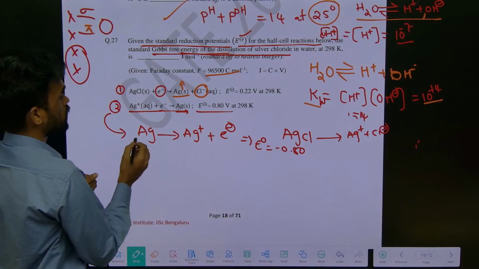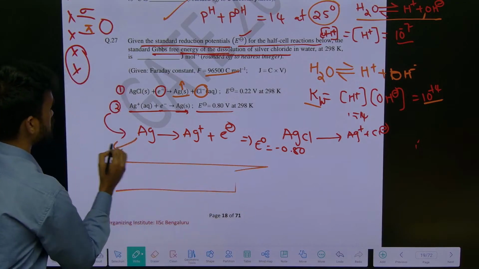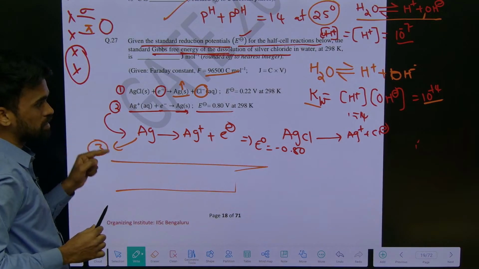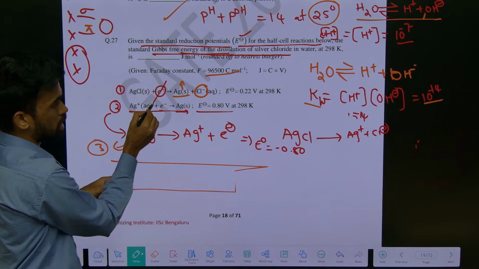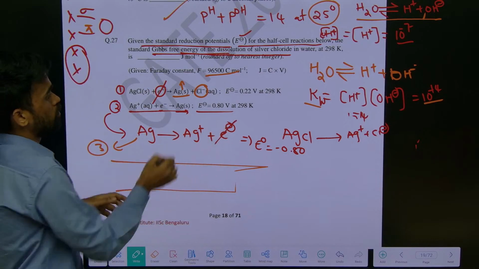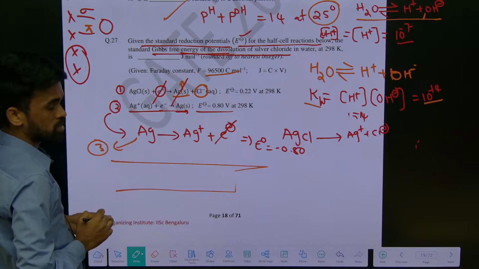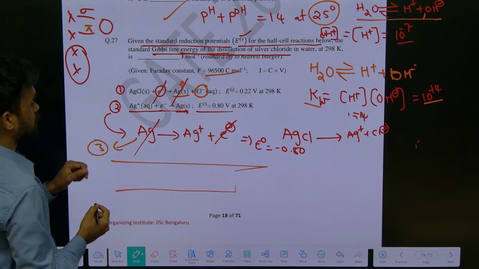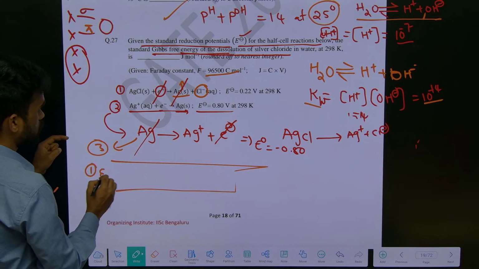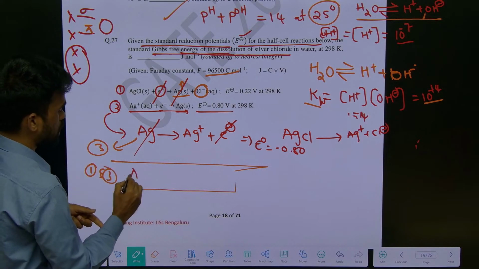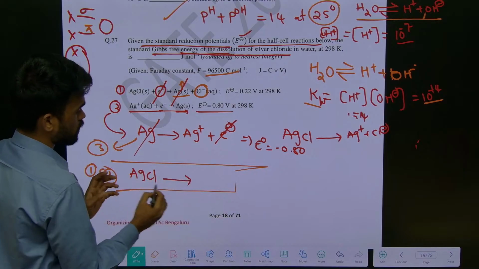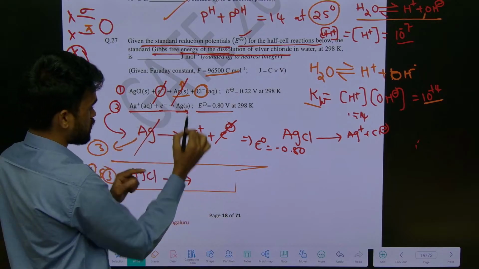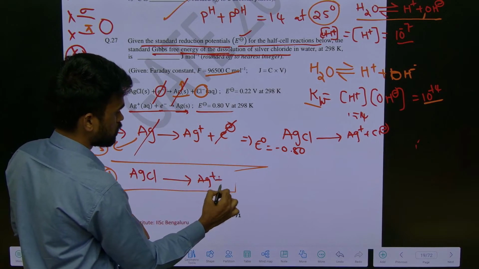So now, this is considered equation 3. From equation 1, I am removing 1 electron on the reactant side and 1 electron on the product side, and 1 solid silver on the product side and some solid on the reactant side, removed. So now what is the resultant we have from equation 1? AgCl, considering aqueous medium, gives rise to Ag plus and Cl minus.